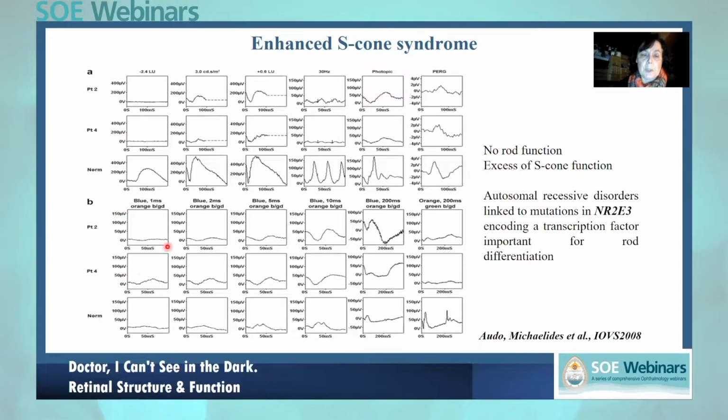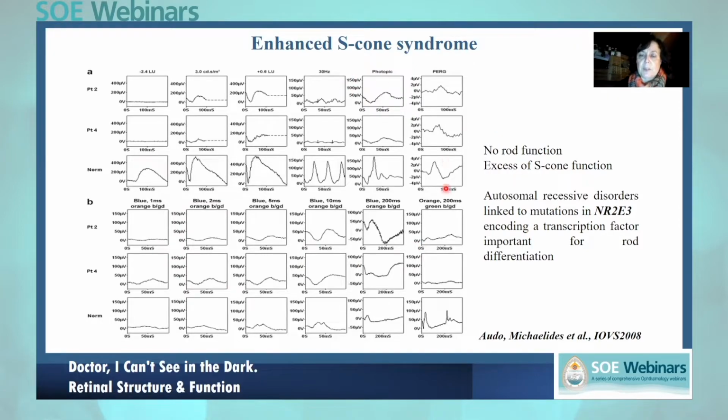If you are lucky to have the possibility to do short wavelength stimulation, you can see that, unlike a normal subject, the response to short wavelength stimulation would be very, very large. This shows that there's an enhanced response, at least to short wavelength stimulation.